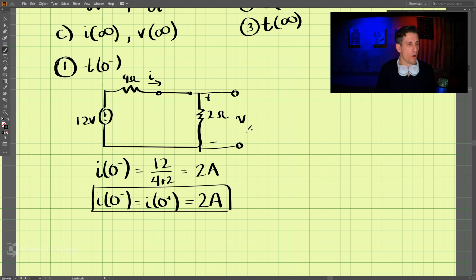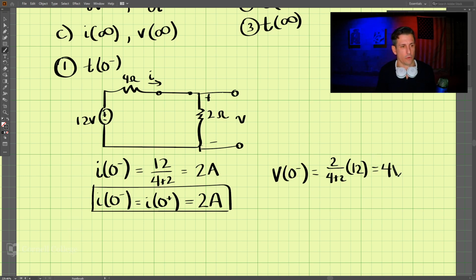The next thing we want to find is the voltage. Voltage at 0 minus, we can do voltage divider, is 2 divided by 4 plus 2 times this 12 volts. That is 2 over 6, which is 1/3, and that comes out to be 4 volts.